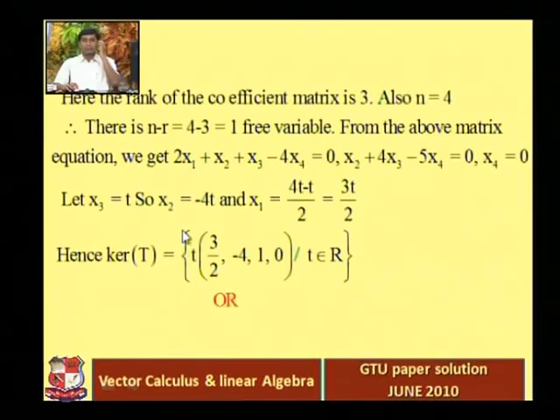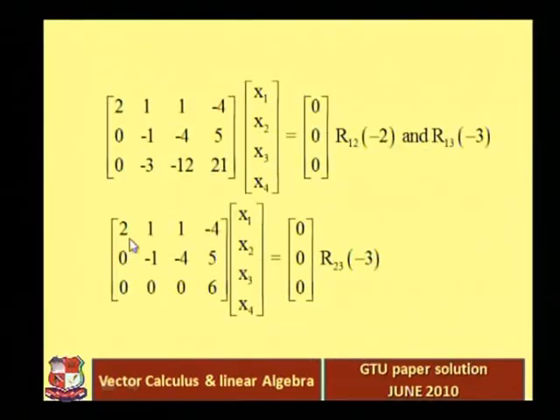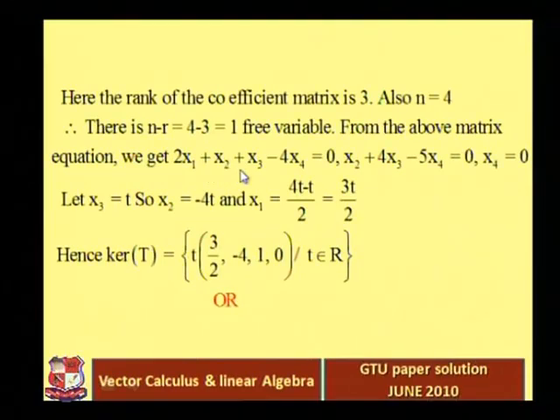Hence the rank of the coefficient matrix is 3. Also n is equal to 4, so n minus r is 4 minus 3, that is 1. One is the free variable. From the above matrix you can see, from the first row you will get 2x1 plus x2 plus x3 minus 4x4 is equal to 0.